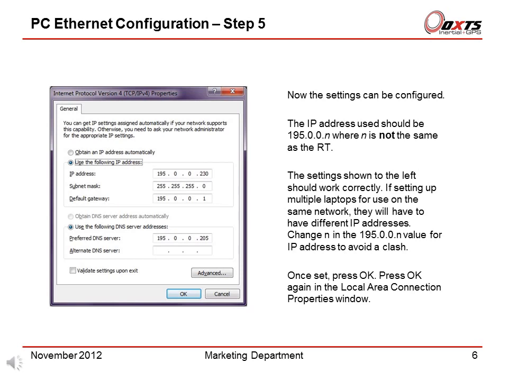If setting up multiple laptops for use on the same network, they will have to have different IP addresses. Change the N in the 195.0.0.n value for the IP address to avoid a clash. Once set, press OK.